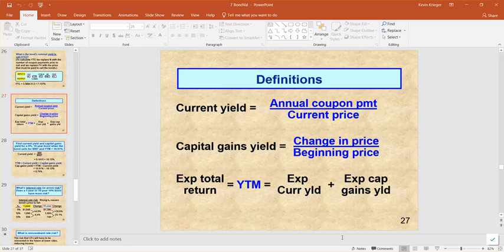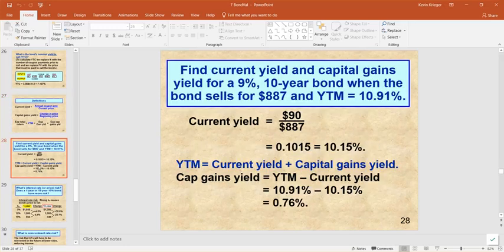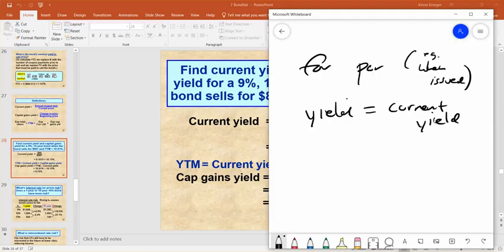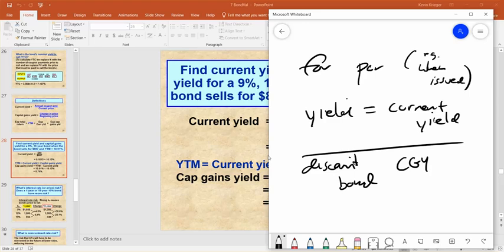If, say in this example, you have a discount bond, the expectation is that the value of your bond will actually go up a little bit over time. There's a longer explanation to all of this. The gist of it is that with a discount bond, your capital gain yield is expected to be positive.